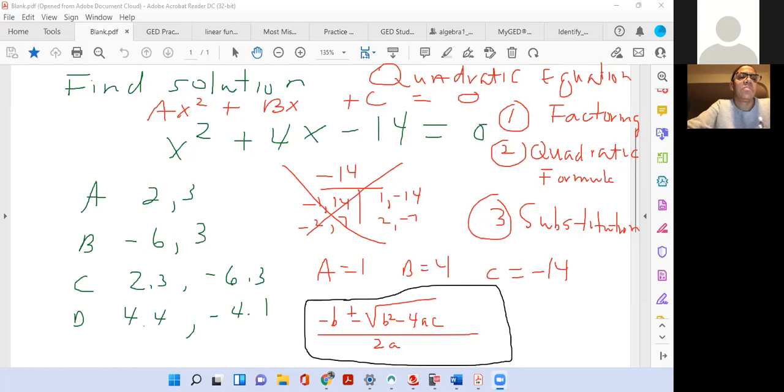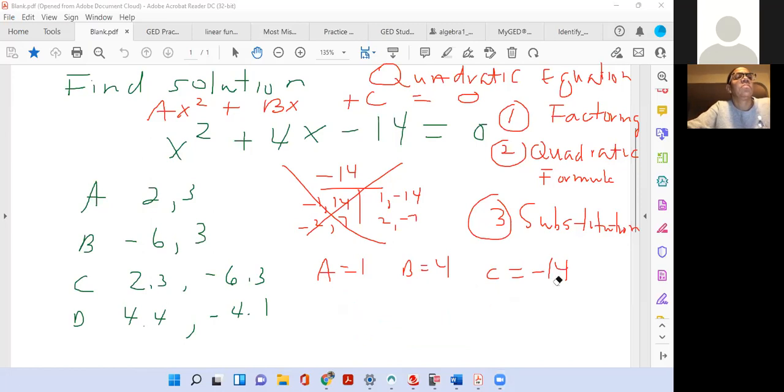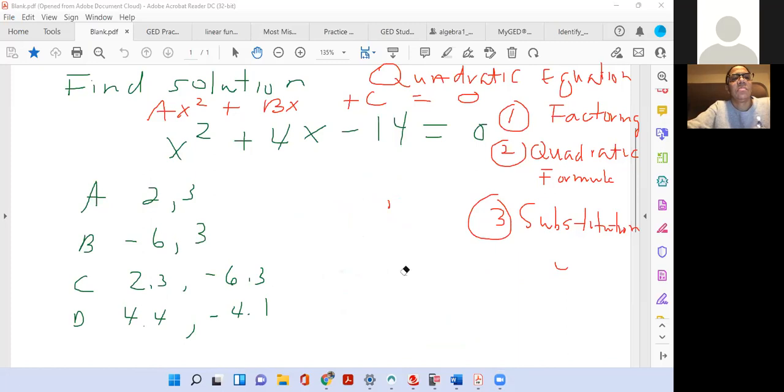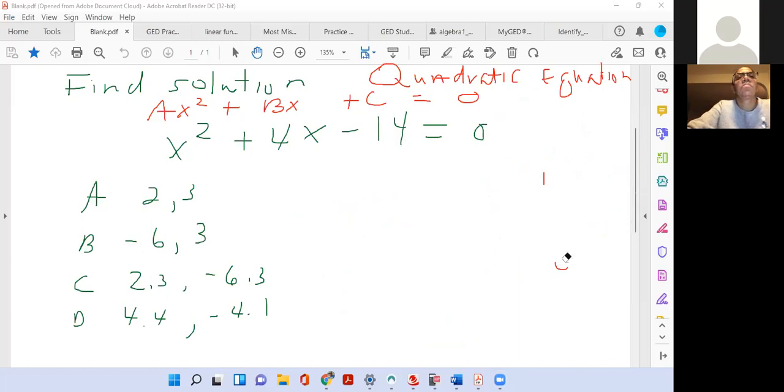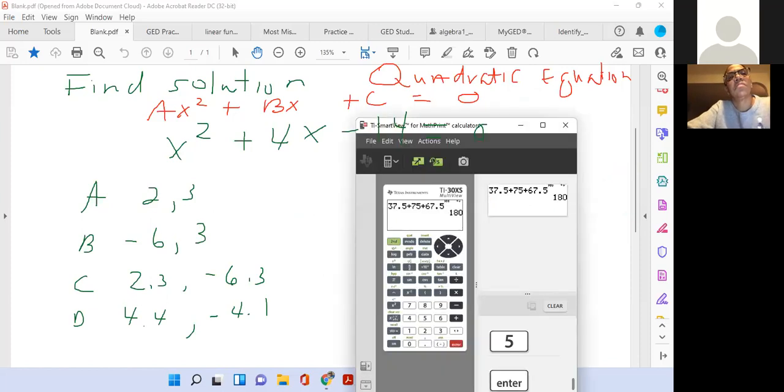is this. Watch this. I'm going to erase this. Let me take a picture of it first and let me clear the screen, because this is what you need to understand. Let me erase all of this here. The easiest way, again, if they give you an equation and then they give you multiple choice with the possible answers, you just plug them in.